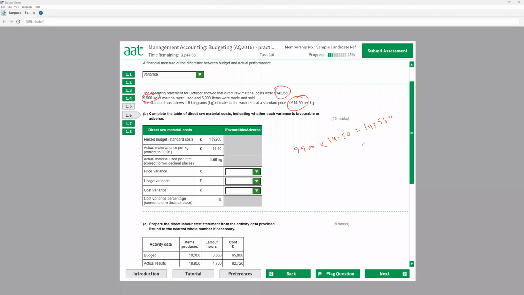But the actual cost is 142,560. It is less than my plan, less than the budget, and that saved me 990. So my actual cost is less than the budgeted, which means it's favorable for me, it's good for me. So 990, and it's favorable because the actual is less.